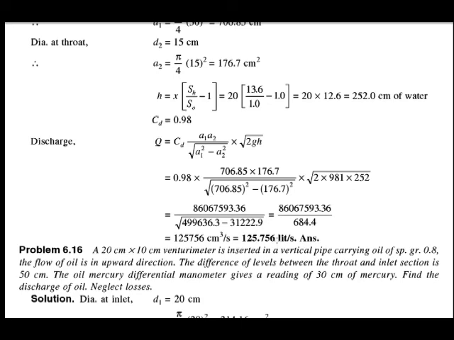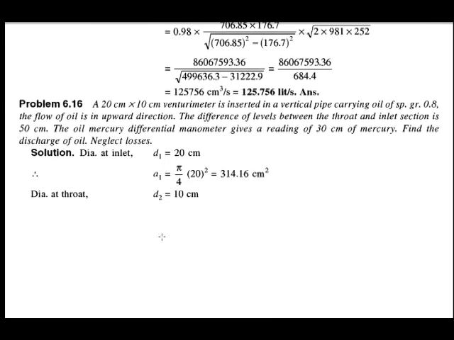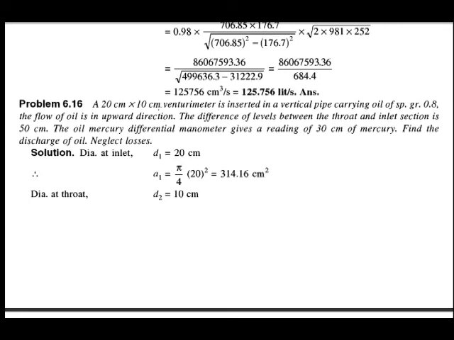Let us see one more problem on the inclined venturimeter. A 20 centimeter into 10 centimeter venturimeter is inserted in the vertical pipe carrying oil of specific gravity 0.8. The flow of the oil is in the upward direction.